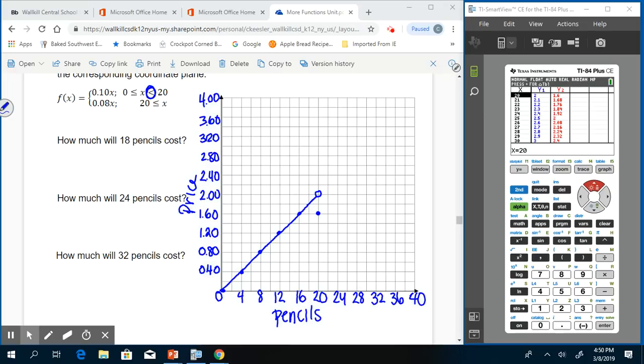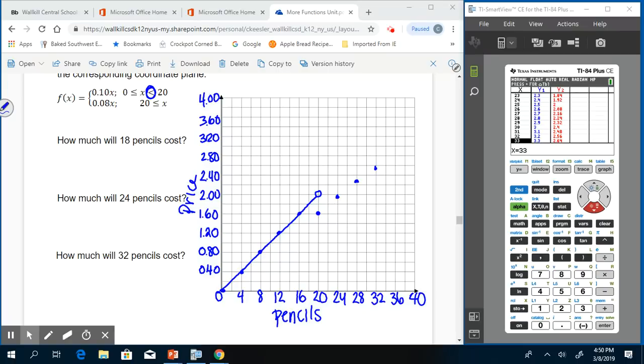So a little bit underneath the 2. So we got to estimate a little bit, but that's okay. Then 28 is going to be $2.24. So a little bit over $2.20. Then 32 is going to be $2.56.